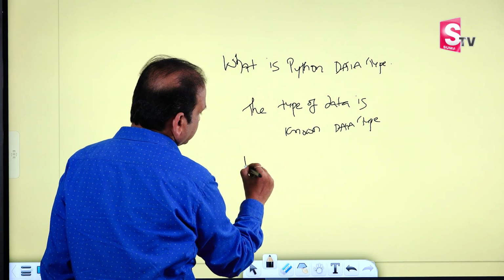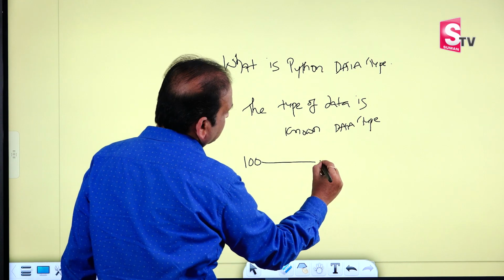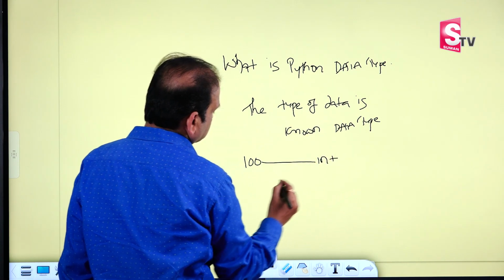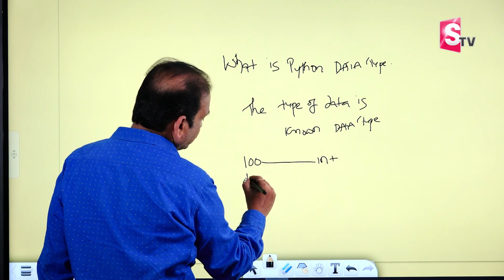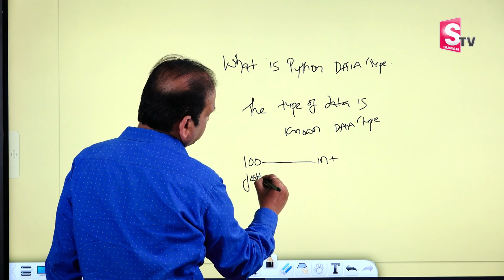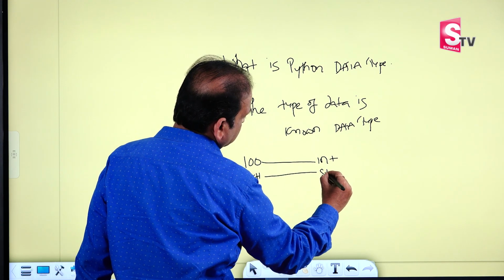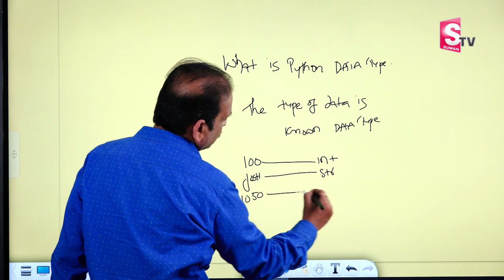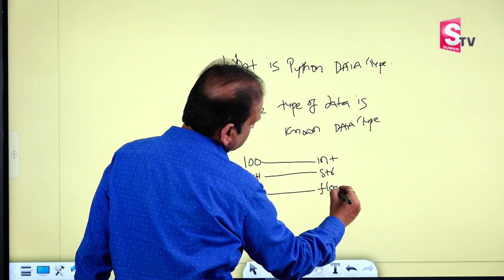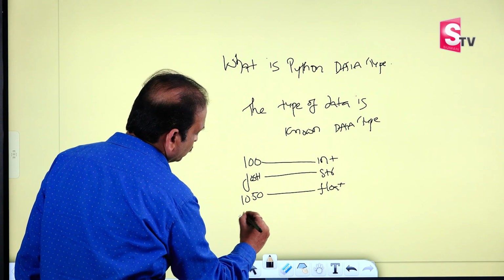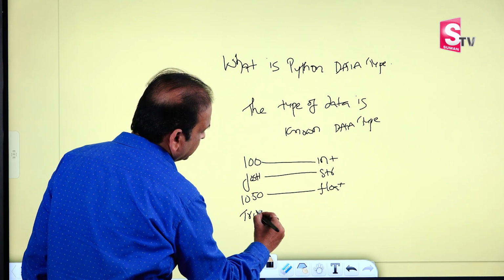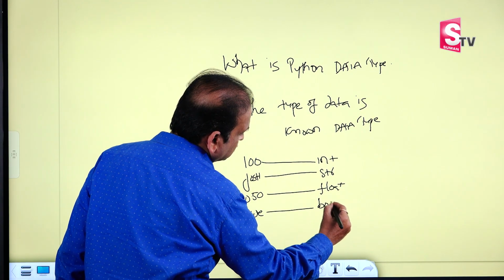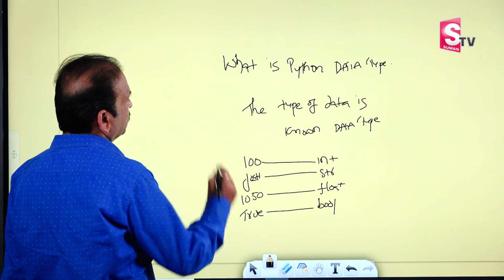Example: the type of 100 is int. The type of Josh is str. The type of 10.50 is float, and the type of true or false is bool. These are the data types. Okay, right.